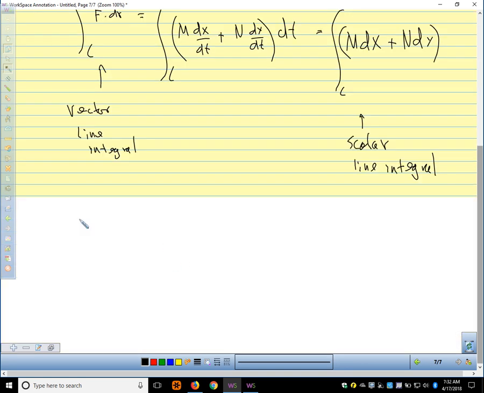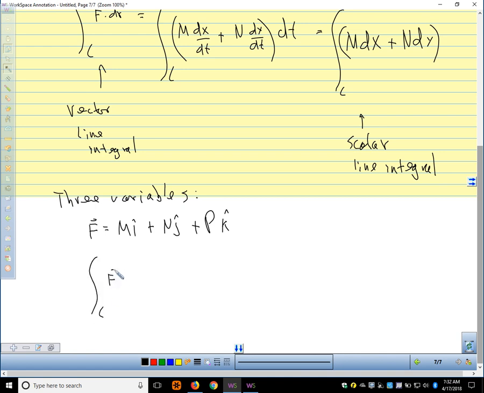And with three variables, we would say f is m i hat plus n j hat plus p k hat, and our vector line integral f dot dr is the integral over our curve of m dx plus n dy plus p dz.